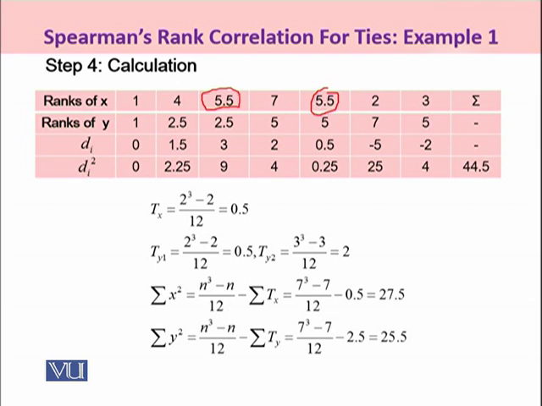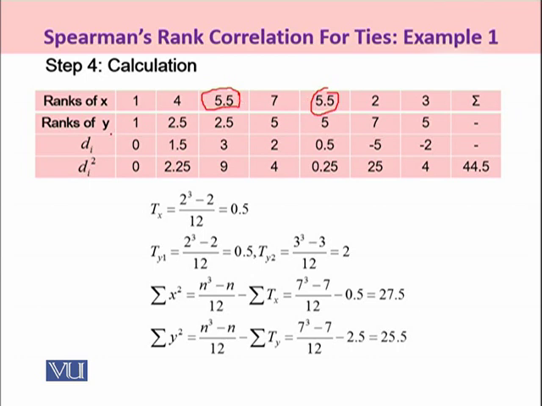There must be similar marks obtained by the students, and we have assigned the average of the two ranks to these students. So this is rank 1, then 2, then 3, this must be 4, and this is 5, 4, 5 and then 6. When you take the average of 5 and 6, that gives you 5.5. So that 5.5 rank is assigned to both of the observations which were tied.